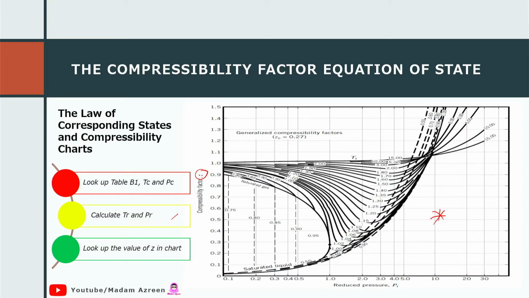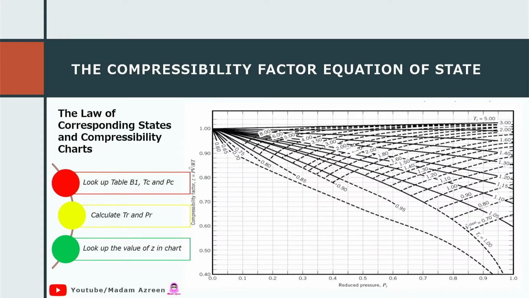Okay, notice here the x-axis is PR, the y-axis is Z, and the lines represent the reduced temperature. This is another chart. This is another compressibility chart whereby the value of TR here is 5, and there is another line here which is the value of molar volume.